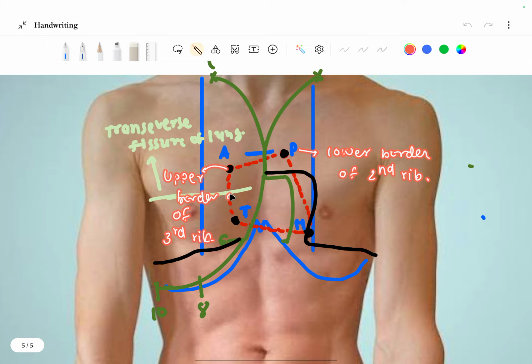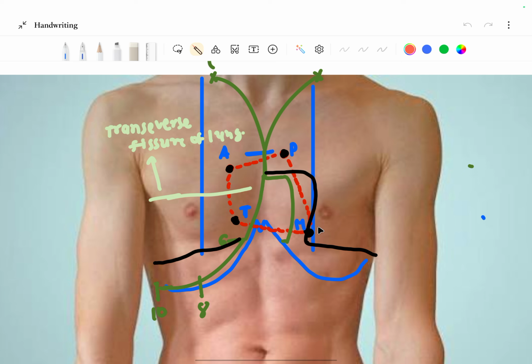Then this is your third point, which will be at the lower border of the fourth rib. Then your fourth point will be at the seventh rib or seventh costal cartilage, or you can see that it will mostly be right at the sixth costal cartilage.